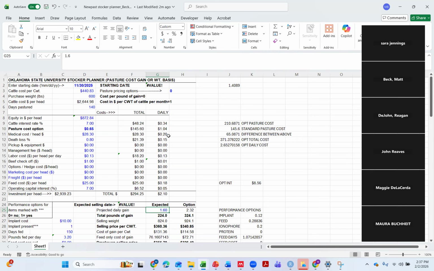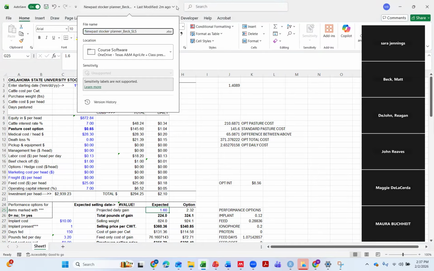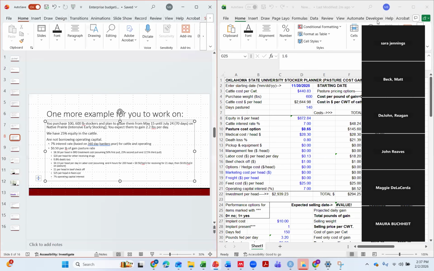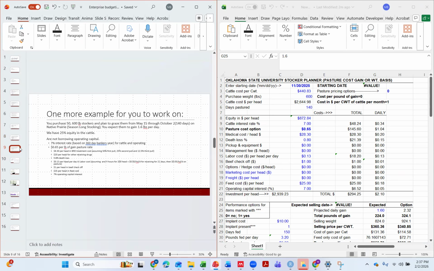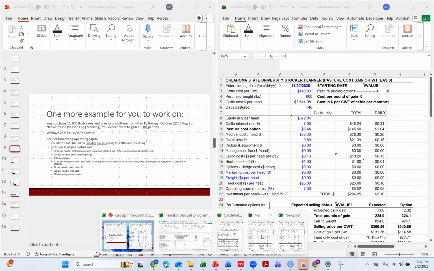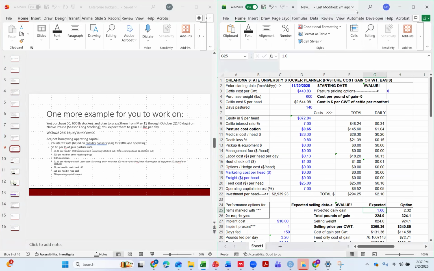Okay. Are you guys ready for me to enter in how I think it should be? And you can compare and see what you changed. I had entered this season long stocking, so I need to open up this one I named intensive early stocking.